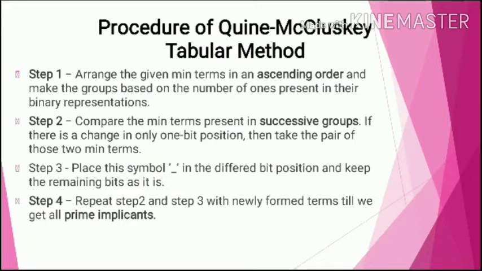If there is a change in only one bit position, then take the pair of those two minterms. Step 3: put the symbol dash in the differing bit position and keep the remaining bits as they are. Step 4: repeat steps 2 and 3 with newly formed terms until we get all prime implicants.